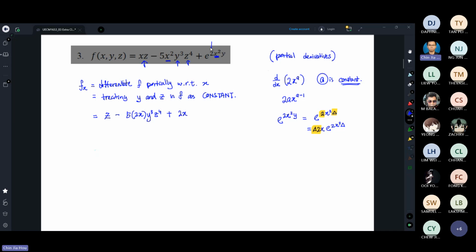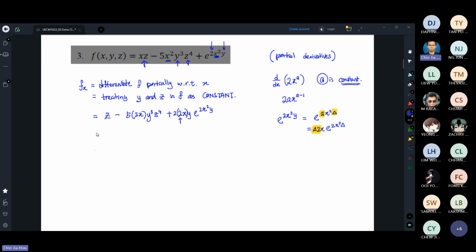And then for the 2 and the y here, the 2 is already here. And for the y, we also need to bring it down, just like the constant, just like the coefficient of the x. Okay. And then we have e to the 2x squared y. This is your fx.